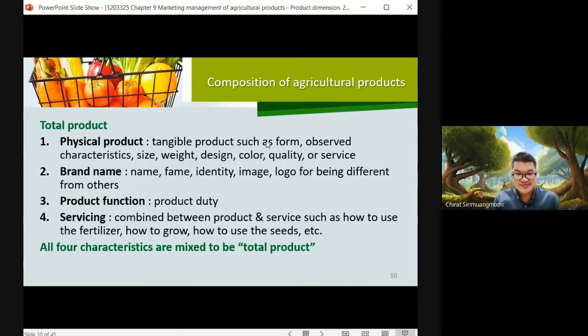And then servicing. Servicing is the combination between product and service, like how to use the fertilizer. How to grow, how to use the seeds is an additional part that is linked to the product. Like here, I have the soy milk.